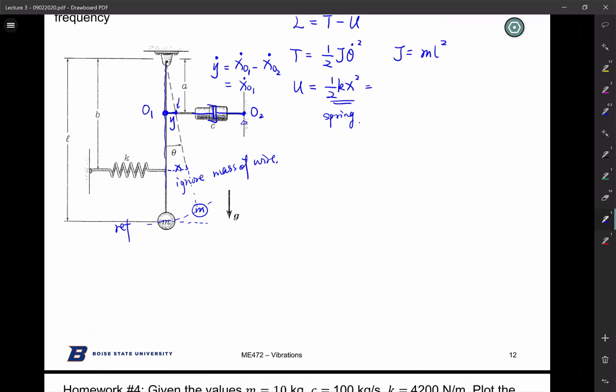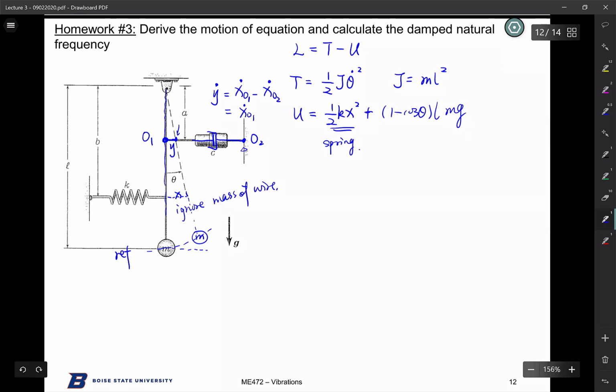Then it becomes plus (1 minus cosine theta) times the total length L times mg. So that's your potential energy, and then you can write it down.